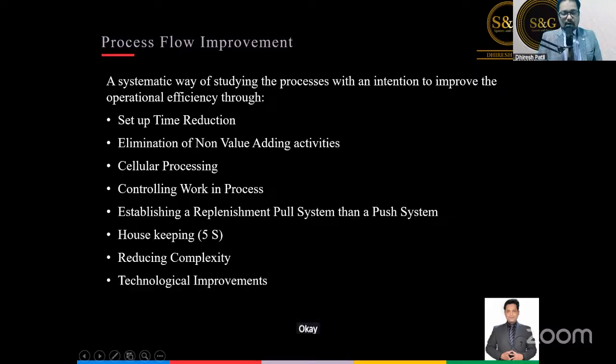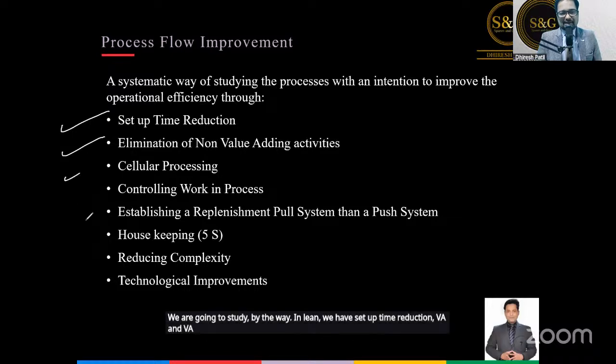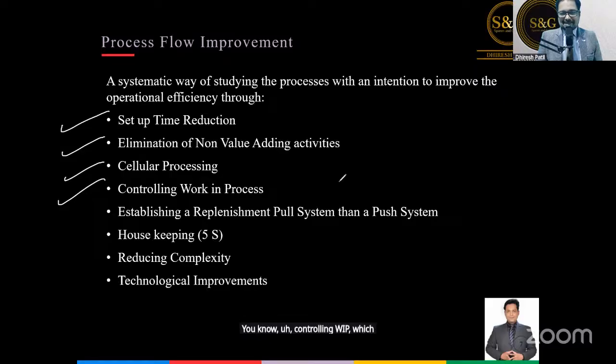There are various improve phase tools we are going to study. In lean, we have setup time reduction, VA and NVA analysis, cellular processing, and controlling WIP, which we call Little's law.